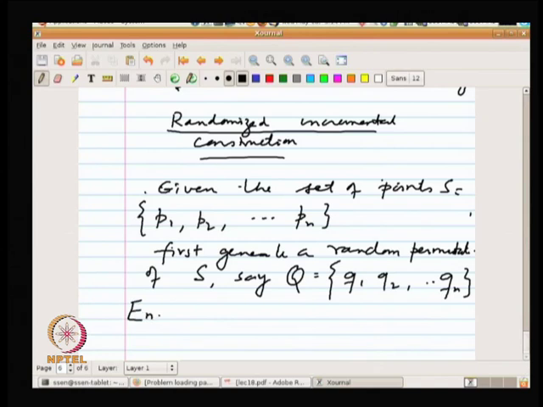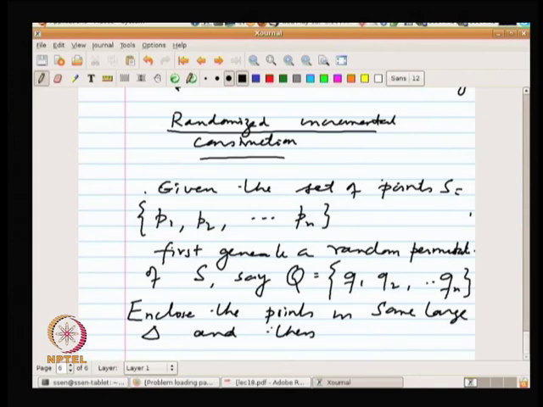Enclose the points in some large triangle, and then pretend that you are adding these points in the sequence of Q, that is Q1, Q2 up to Qn, and whenever you add a point, you should inductively maintain the Delaunay triangulation property.